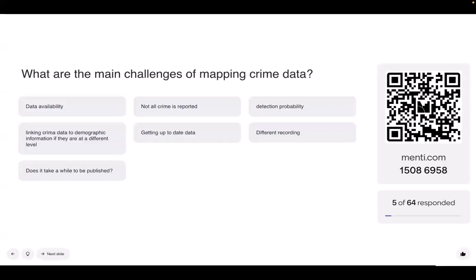Does it take a while to be published? I reckon so, yes. There are a few barriers to get through in order to be published. Typically, when you're making any sort of crime data, you will need to talk to someone in either policy or in law enforcement itself.